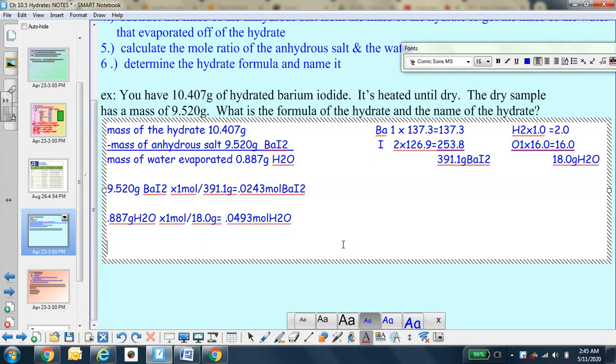Now that we have these two values, do you remember what we do? We're going to divide by the smallest answer. So this is going to give us 1 barium iodide.